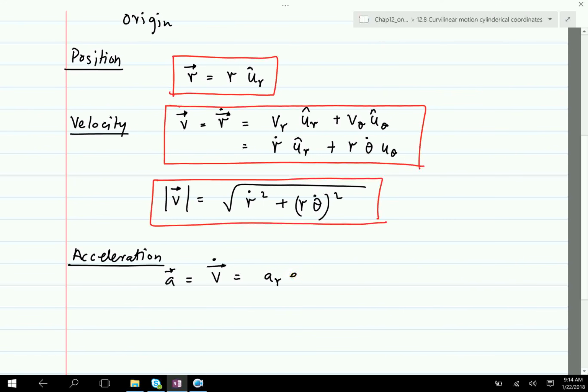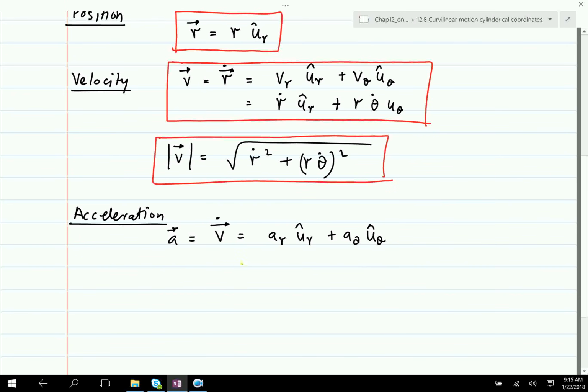There's an ar acting along ur, and then there's a a theta acting along u theta. And these components are given by the following: r double dot minus r theta dot squared, ur, plus 2 r dot theta dot plus r theta double dot, u theta.